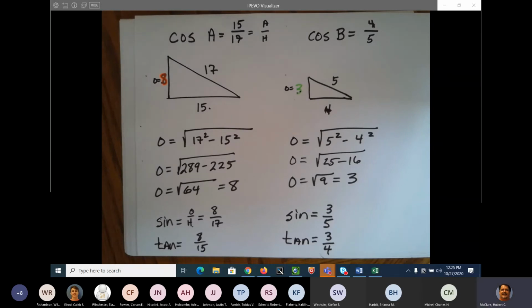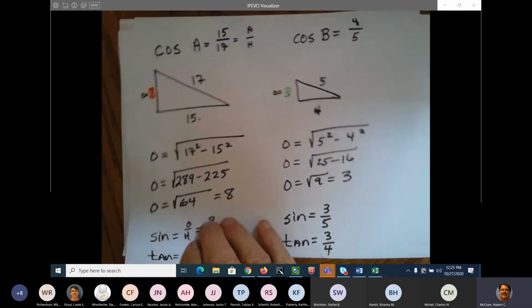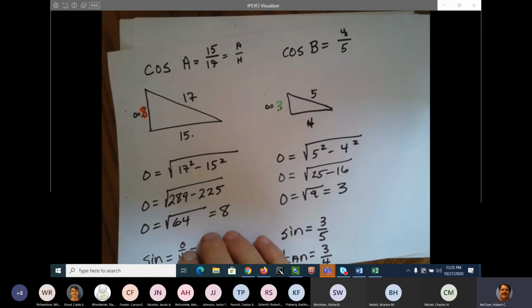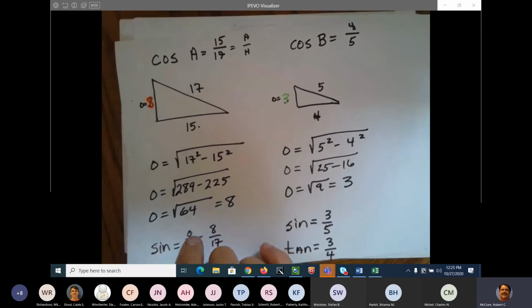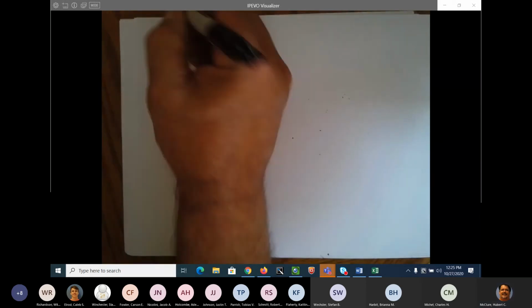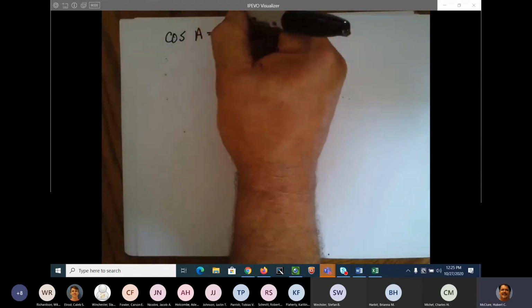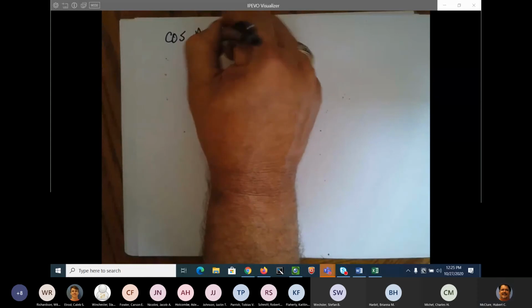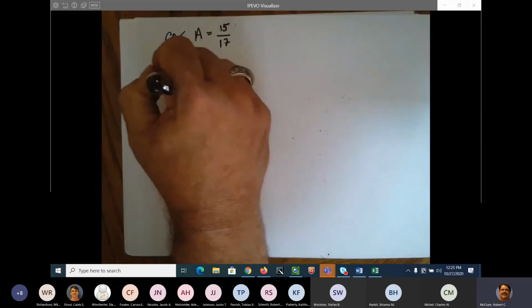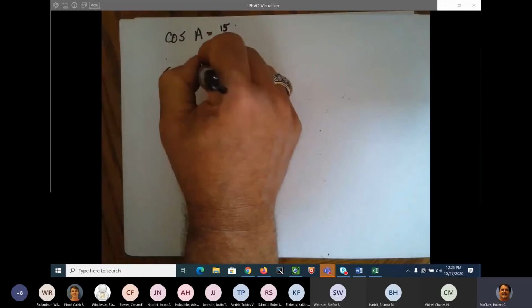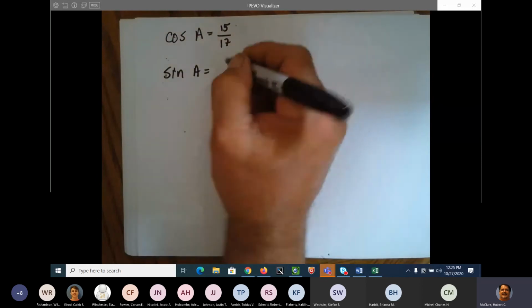Okay, now I'm going to rewrite my question. First, before I write the question, I'm going to do cosine of A is equal to 15/17. Sine of A is equal to 8/17.